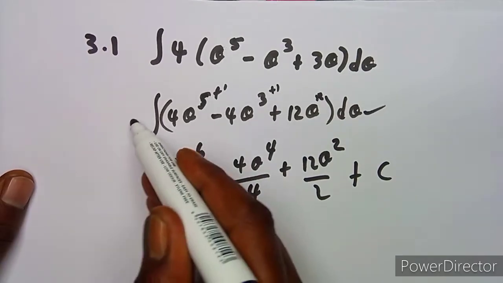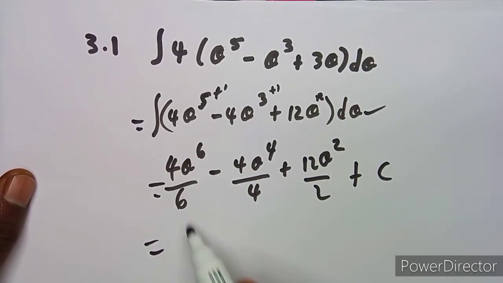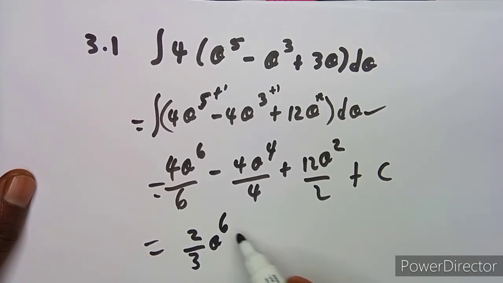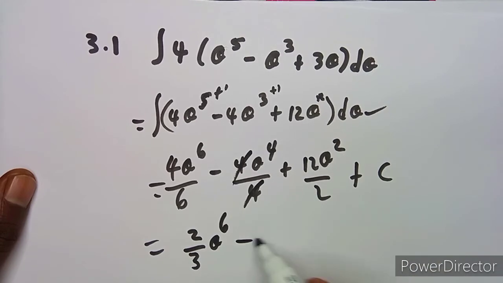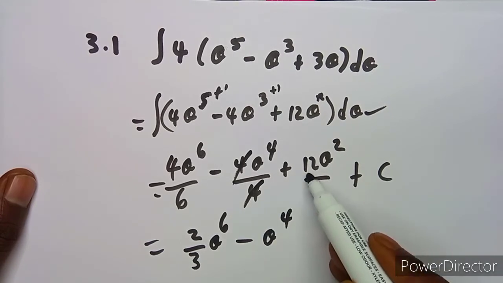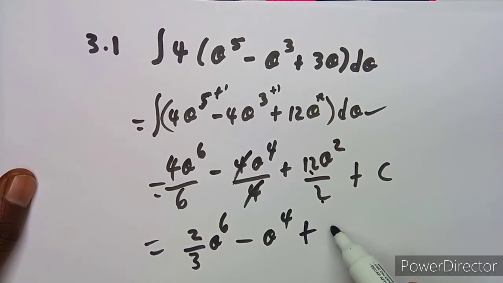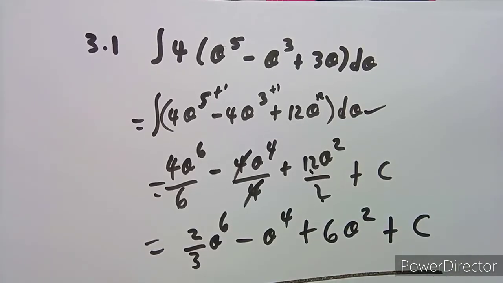But we can't leave our answer like this, because we can reduce 2 over 3 theta to the exponent of 6. This one and this one can cancel. 12 divided by 2 is actually 6 theta squared plus c. So this is just now a matter of writing in simplest form, but already the answer was there.